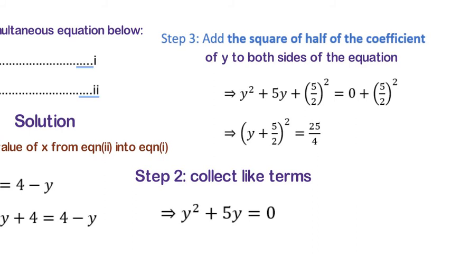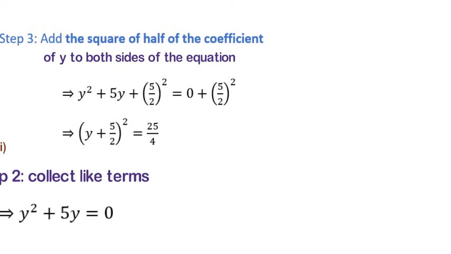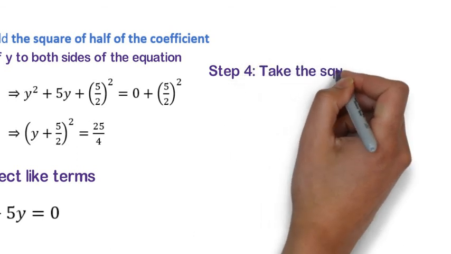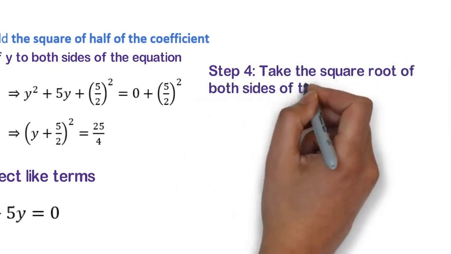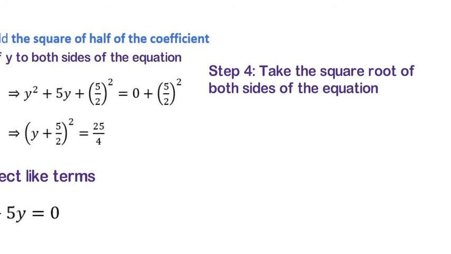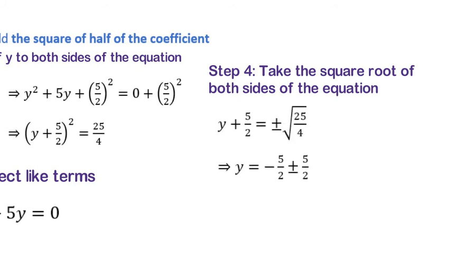Then make the left hand side a perfect square to give us (y + 5/2)² equal to 25/4. Step 4. Take the square root of both sides of the equation. We have y + 5/2 equal to plus or minus the root of 25/4. y is equal to −5/2 plus or minus 5/2.